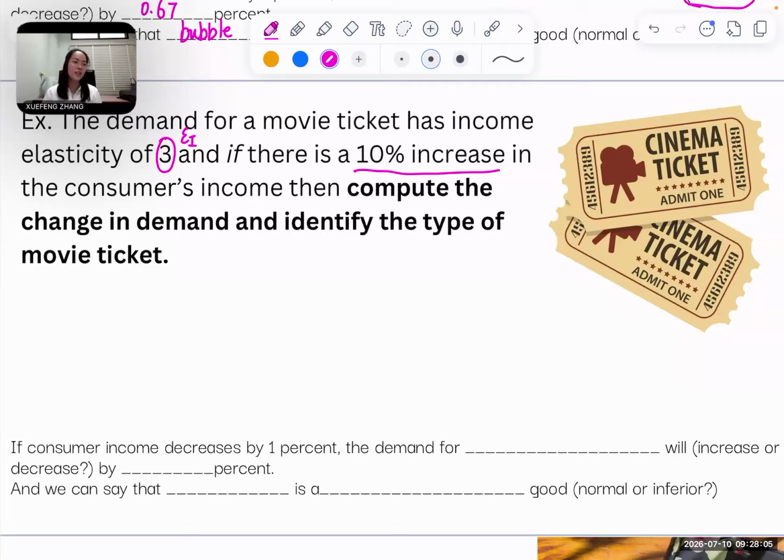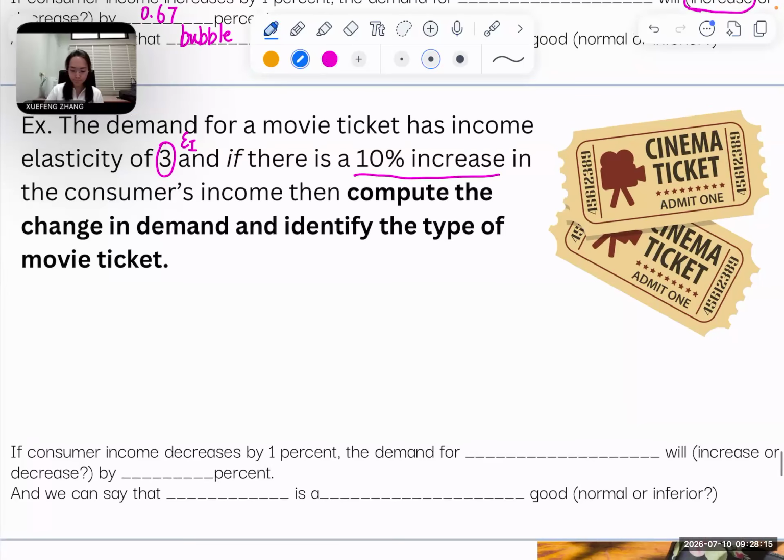So here, the question doesn't ask you to calculate the income elasticity anymore. Let's see what it asks for. You are given that the income elasticity equals 3, and you know that the percentage change in income equals 10%, so it's plus 10%.